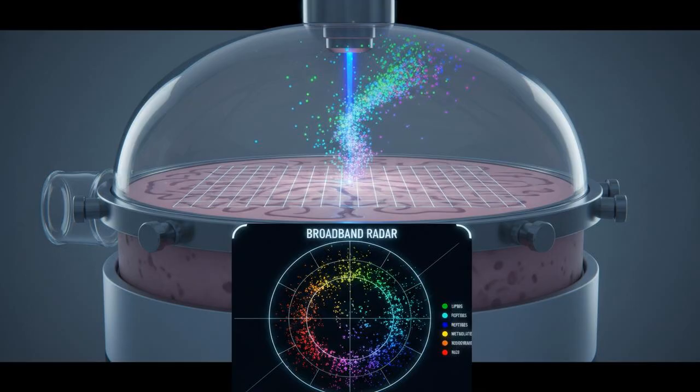The instantly vaporized molecules are then sucked into a massive vacuum chamber within a mass spectrometer, where they are precisely weighed based on their mass-to-charge ratio. This incredibly precise weighing process allows for the simultaneous spatial mapping of hundreds, sometimes thousands, of specific lipids, metabolites, and peptides, all across an Alzheimer's brain section at the exact same time.